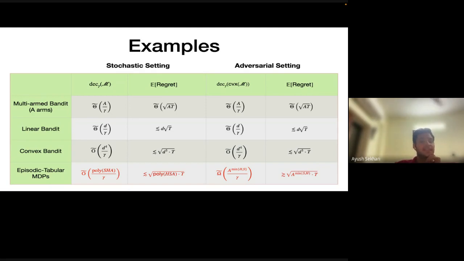Whereas for some other settings, for example, episodic tabular MDPs, the gap between the DEC of M and the DEC of the convex hull of M could be significant, where the DEC of M scales polynomially with all problem parameters, whereas the DEC of the convex hull of M scales exponentially with the horizon and S. But the key takeaway from this talk, if you have to take away one sentence, is that the gap between the min-max regret in the stochastic versus adversarial setting is precisely how DEC behaves under convexification.